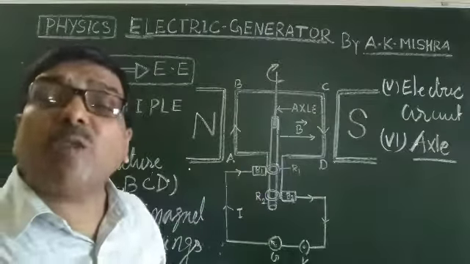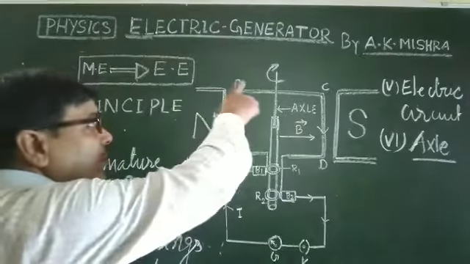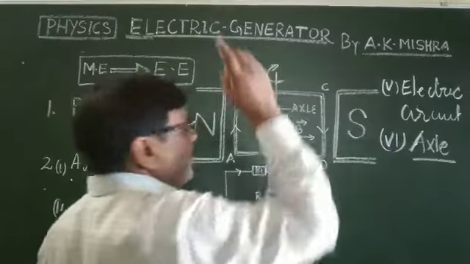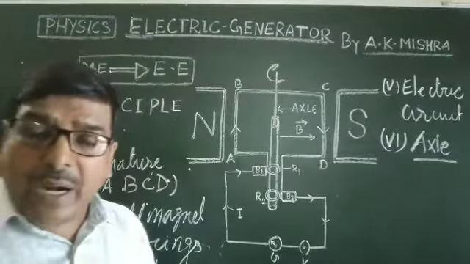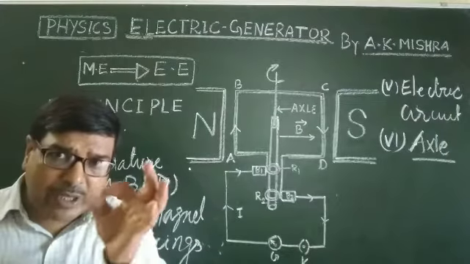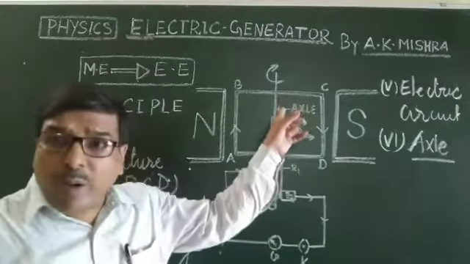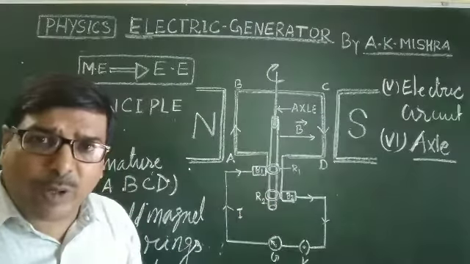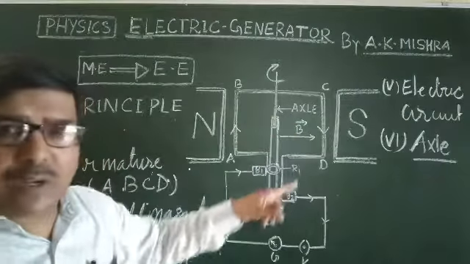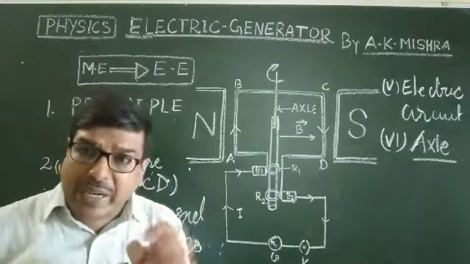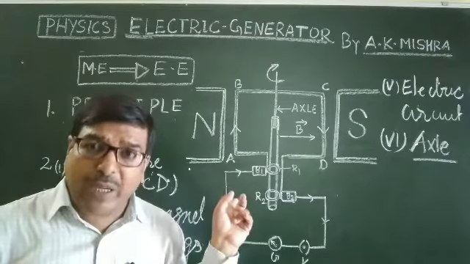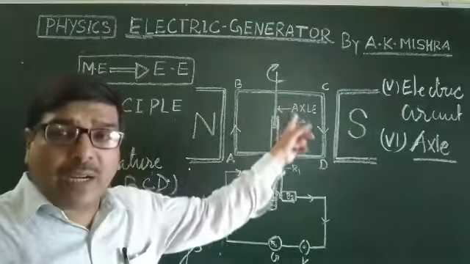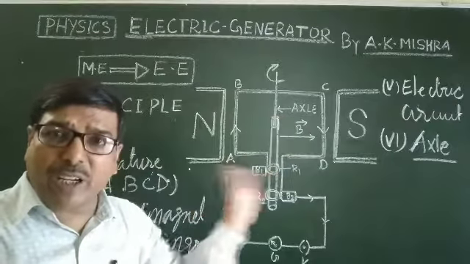When the rectangular coil is rotated, my dear students, electricity cannot be produced in this field without rotating the coil. So first of all, mechanical energy should be used to rotate the rectangular coil in the magnetic field.